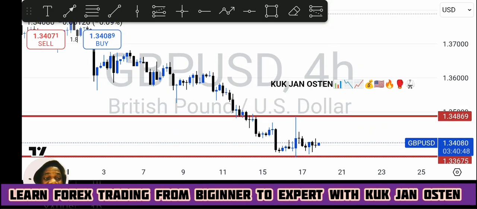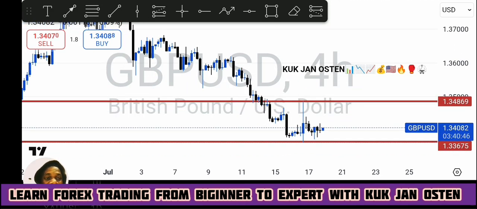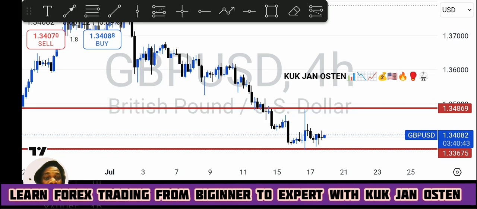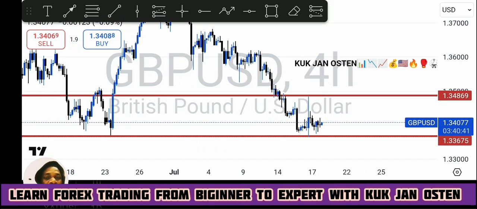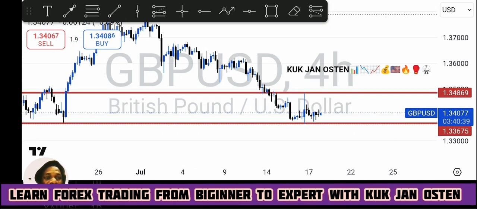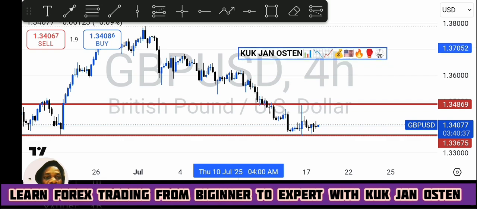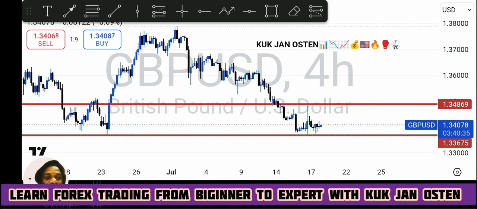There's a difference between a day trader and a swing trader. When you trade, you have to minimize losses and maximize profits with proper risk management. This is how our chart is looking in our 4-hour time frame.